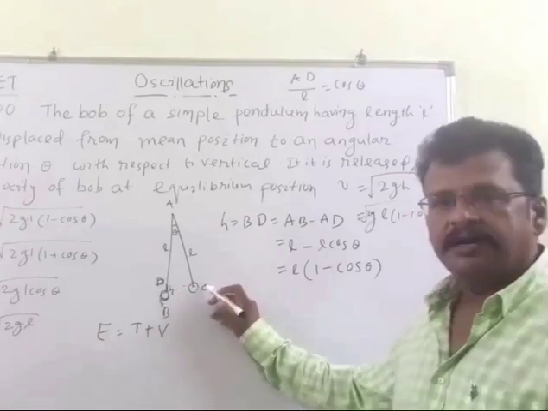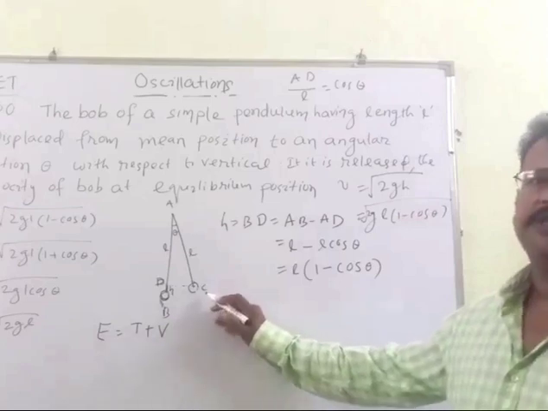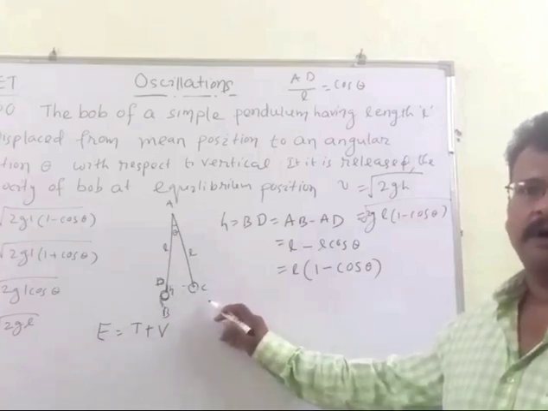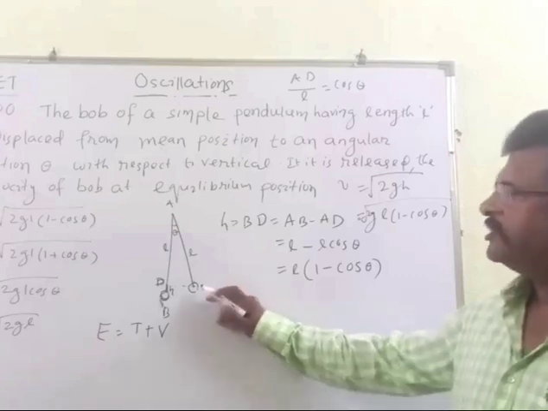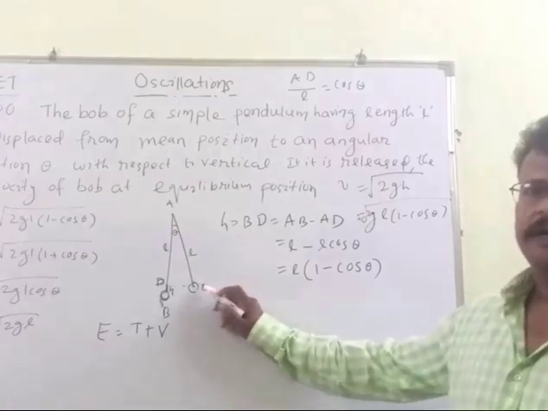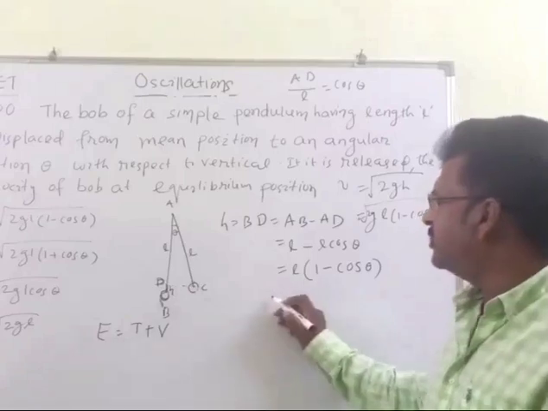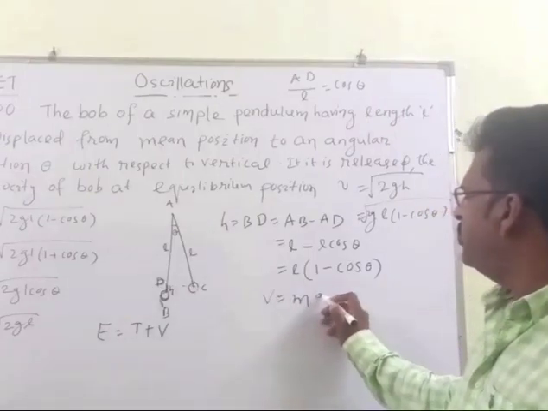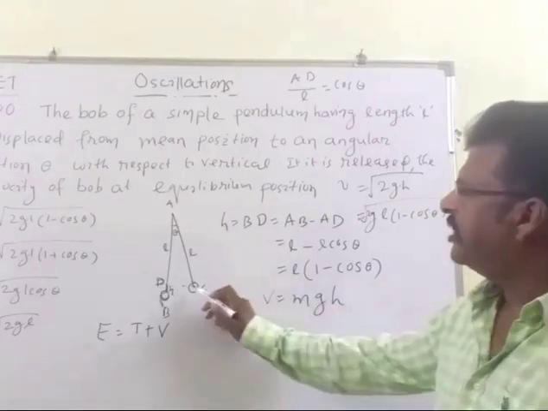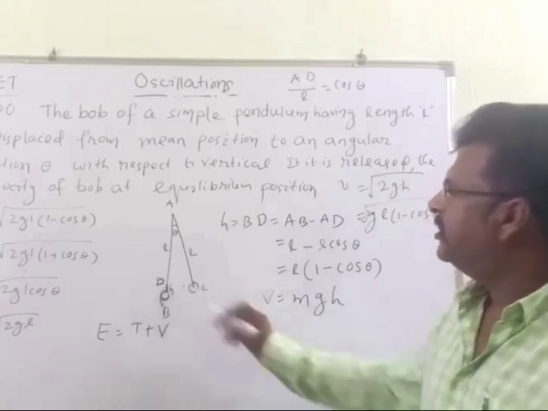Here the velocity at this extreme position of the bob becomes zero, and the entire energy becomes its potential energy. What is potential energy? That is V equal to mgh, where h is this distance, BD.